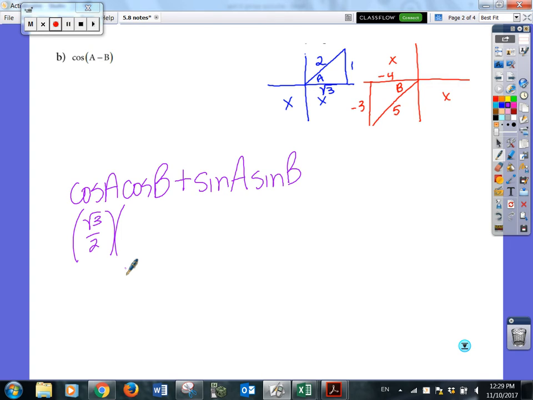Cosine of B, -4/5. Sine of A, 1/2, which that was given also. So if the given doesn't match your triangle, you've labeled your triangle incorrectly. And then sine of B, -3/5.